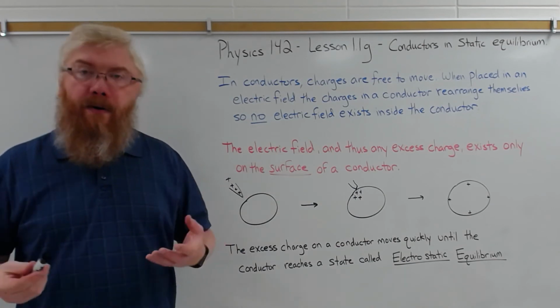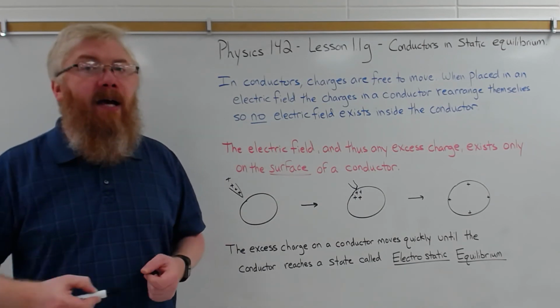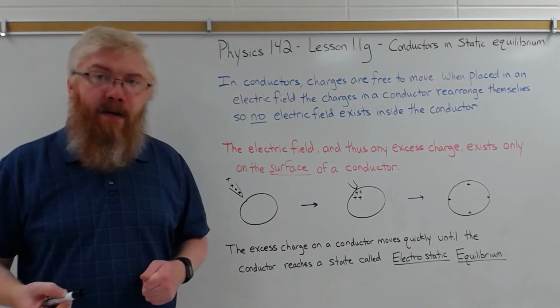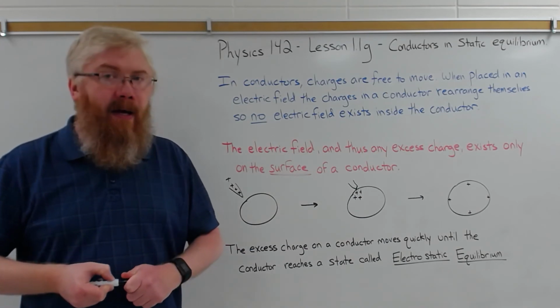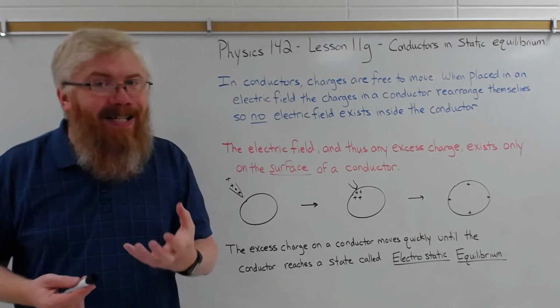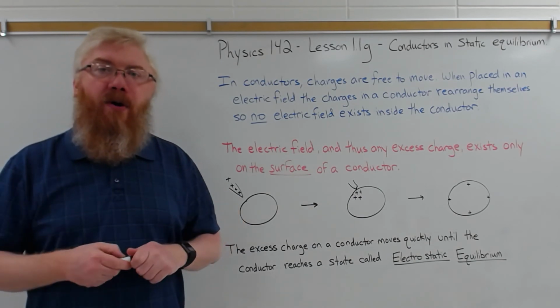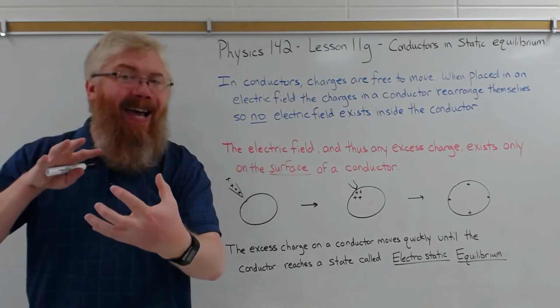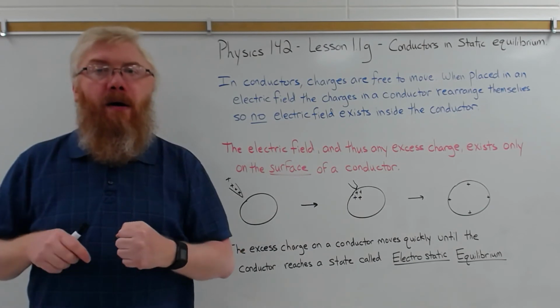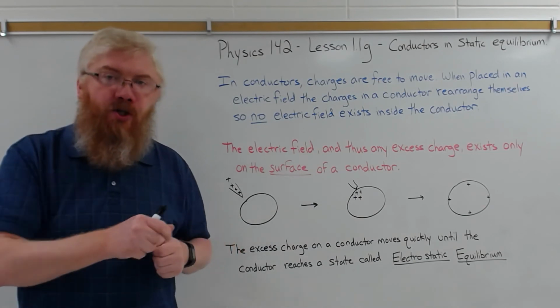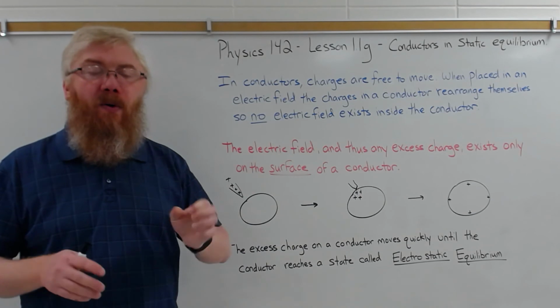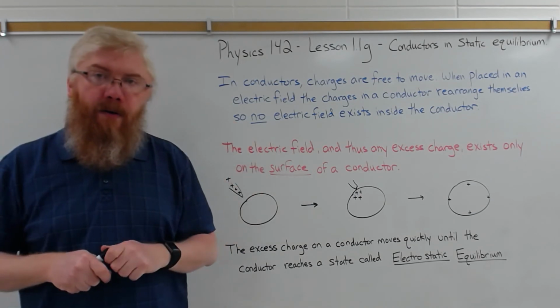Your car often acts as a Faraday cage when your car is struck by lightning. If your car is struck by lightning, you tend not to get electrocuted if you're inside your car, because the metal cage you are in, that is your car, keeps all of that excess charge deposited by the lightning bolt on the outside of the car.